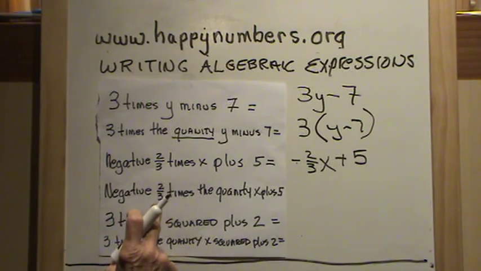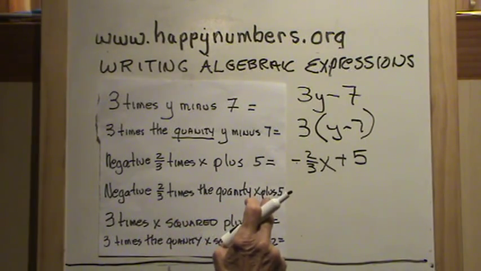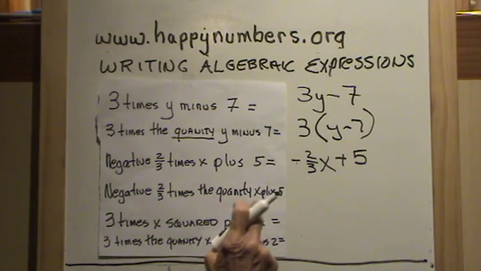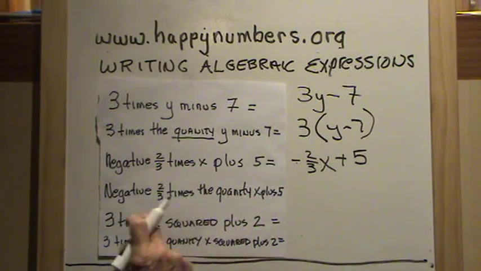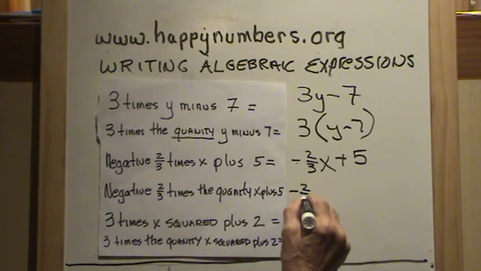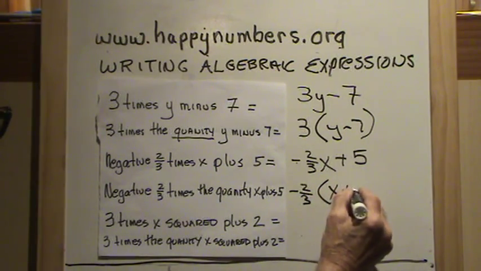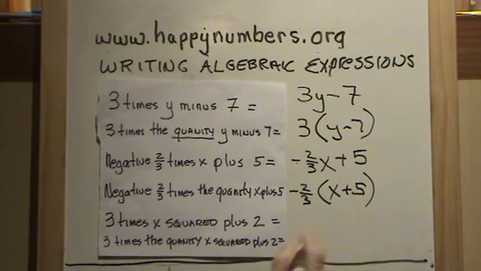Negative 2/3 times the quantity x plus 5. So the quantity means we need a parenthesis. So this would be negative 2/3 times the quantity x plus 5. You see the distinction there.